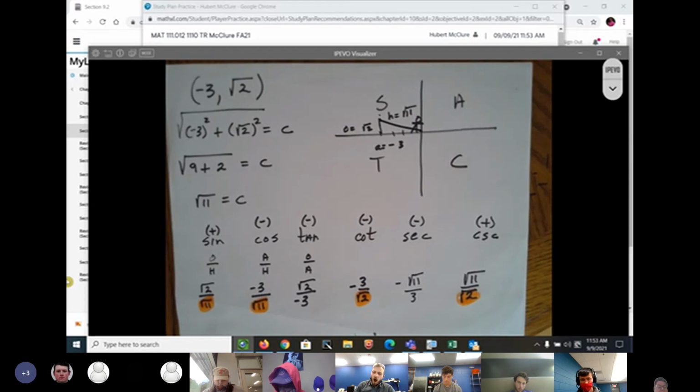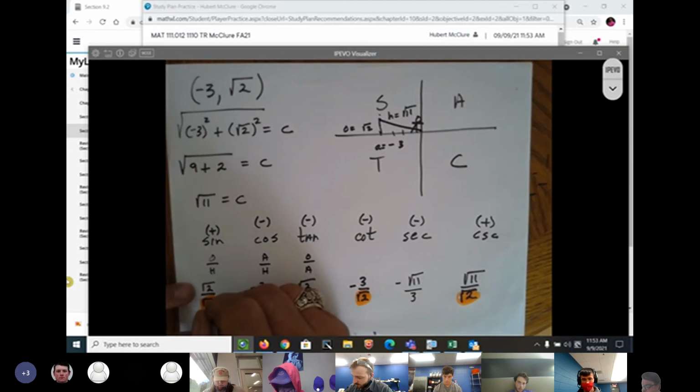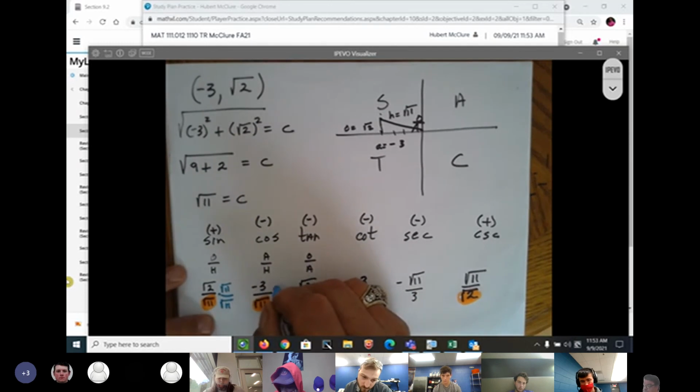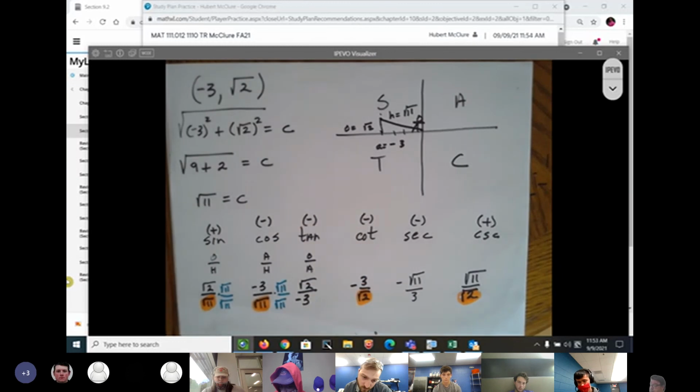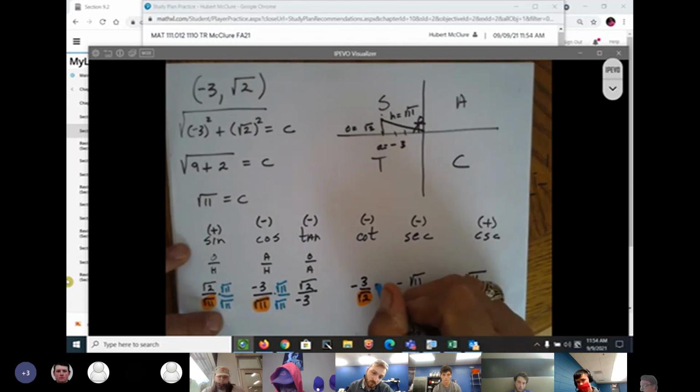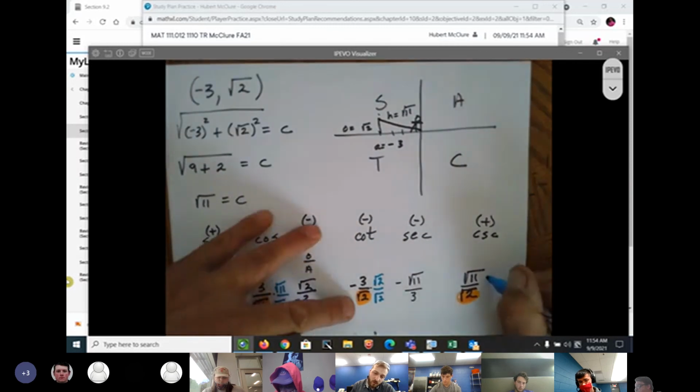So I'm going to multiply by the square root of 11 over the square root of 11 here. And the square root of 11 over the square root of 11. And the square root of 2 over the square root of 2. And the square root of 2 over the square root of 2.